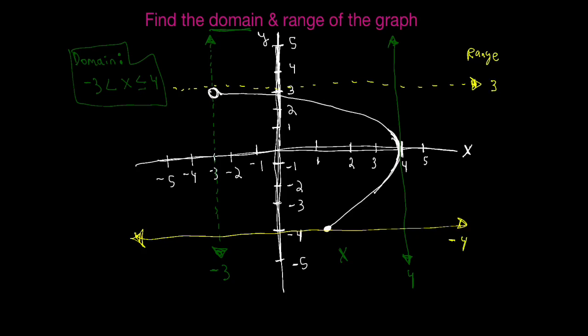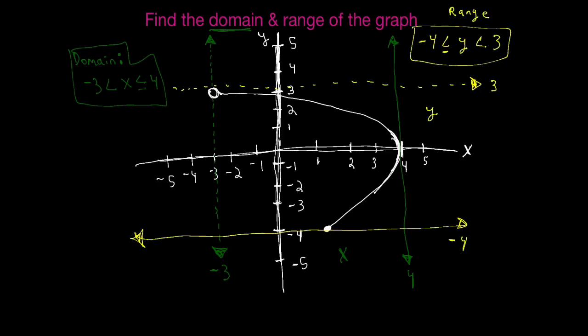So for any general y, this y is going to get squeezed by a lower bound of -4 and an upper bound of +3. Let me rewrite this. My range is going to be -4 less than or equal to y, and then less than 3.